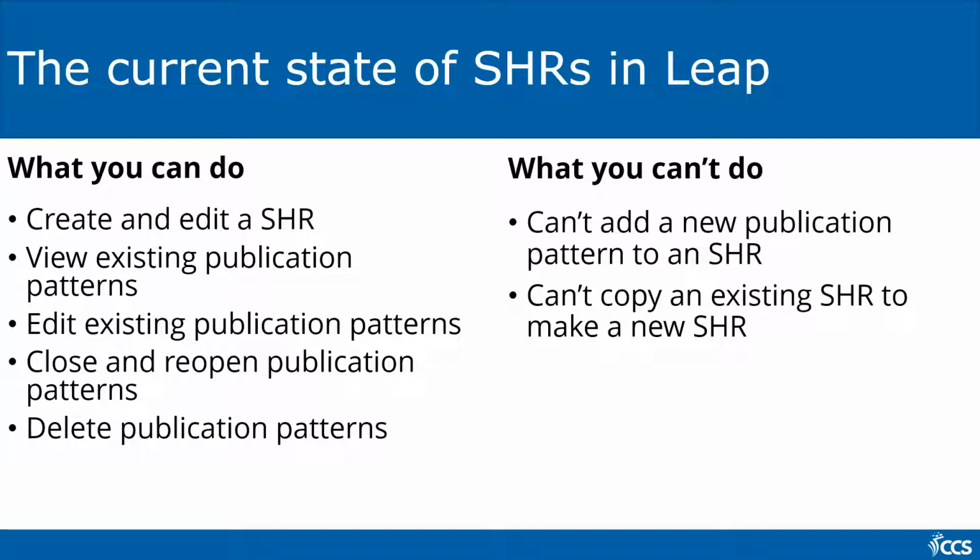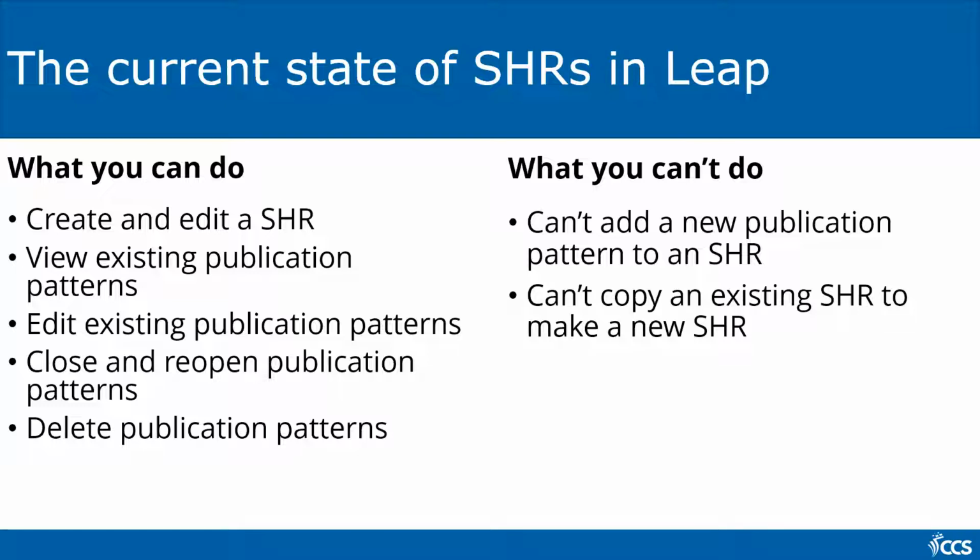Today I'll just provide you with a preview of the new features so that you can get an idea of what serial holdings records look like in LEAP and what they'll look like when Innovative has completed the work. With the 7.2 update, you can create and edit serial holdings records.